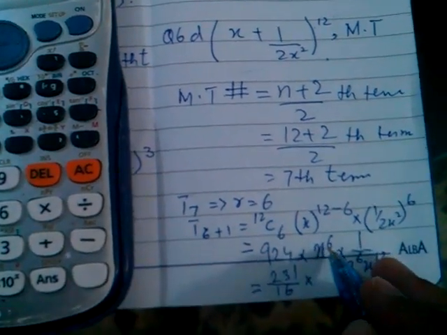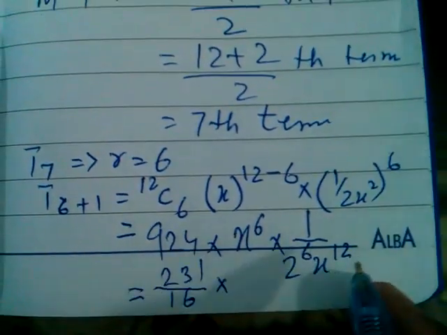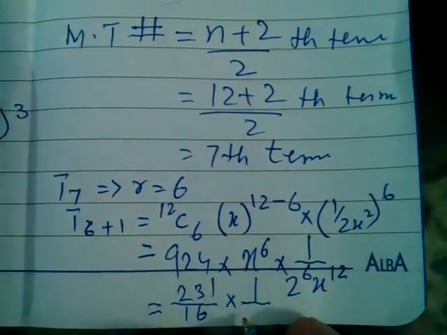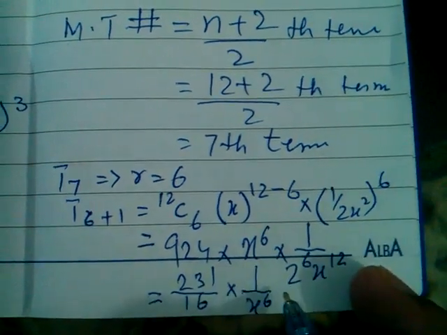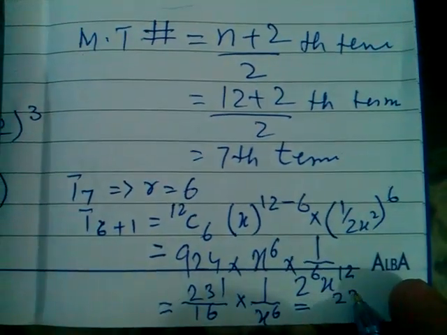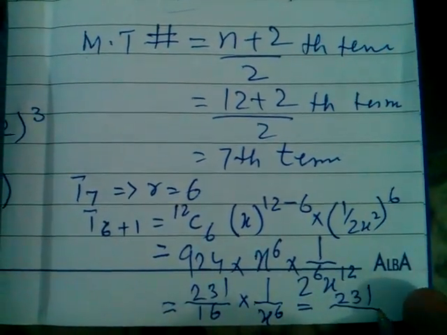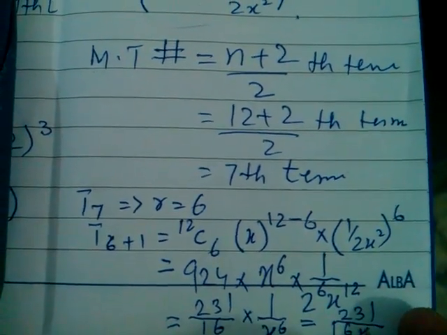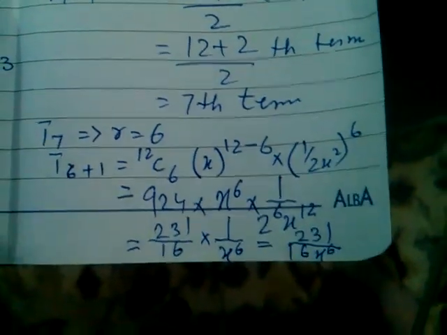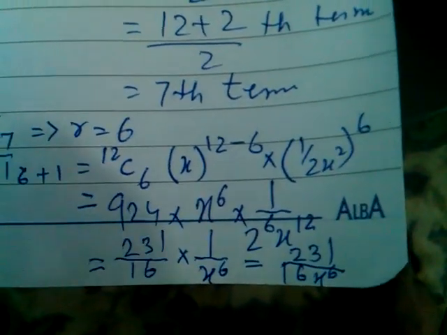Multiply by x power 6 over here and x power 12 over here; same bases being divided, powers will be subtracted, and I will have 1 over x power 6. So my simplified answer will be 231 over 16 x power 6, the seventh term, the middle term which was needed.